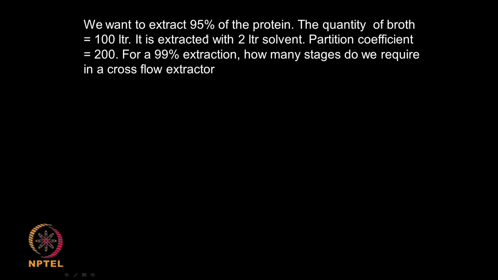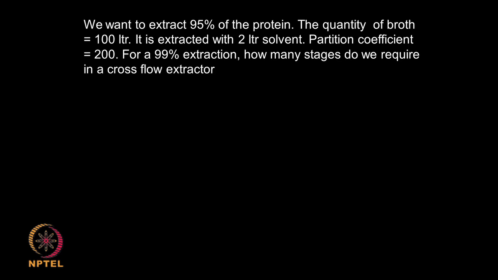Now another problem let us look at. Here we are going to calculate the stages. You want to extract 95% of the protein, that means my XR will be 0.05 of XF. The quantity of broth F is 100 liter, S is 2 liter solvent, and partition coefficient K is 200.